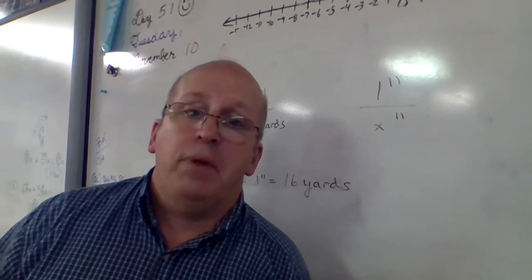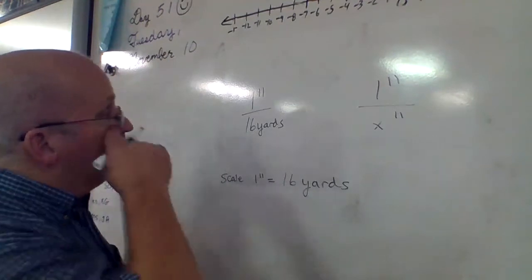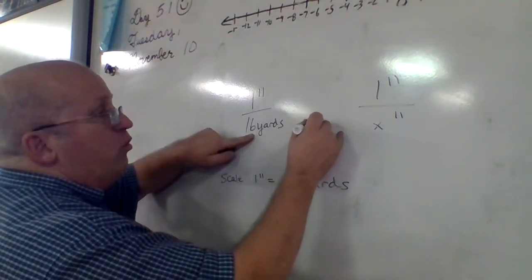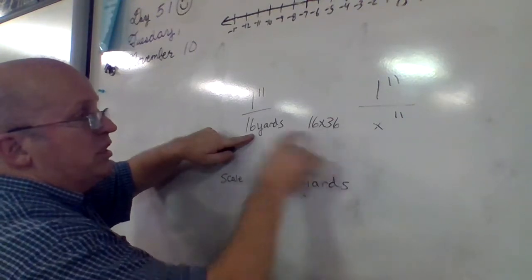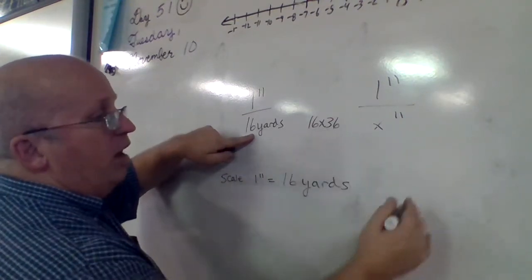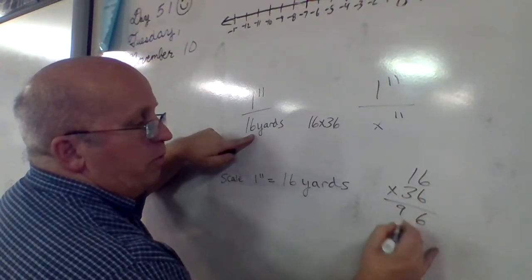The relationship is that there are 36 inches to every 1 yard. So really, this is 16 groups of 36 inches, isn't it? If I can figure this out, I am pretty close to finishing this problem.